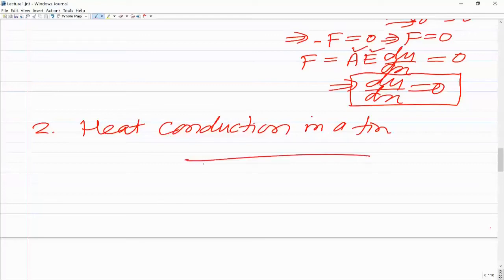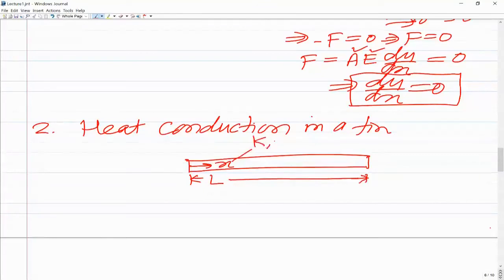So the problem I'm considering is this rod, and this is the coordinate x over here. The length of this rod is L, and the thermal conductivity is K. It could be any cross section actually, so the perimeter is P and the cross-sectional area is A. There is convection between the surface of the rod and the surrounding.